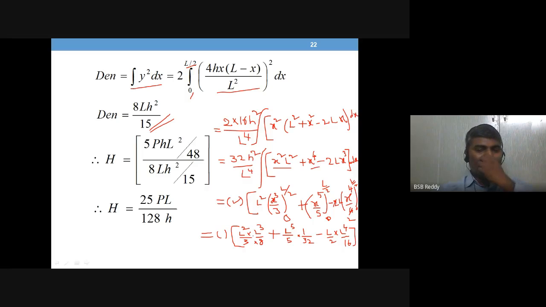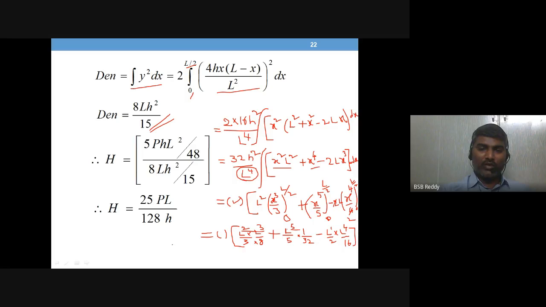So you can see the numerator in all the terms is L power 5 common. L power 1 plus 4, L power 5. So L power 5 you can bring it out. In the denominator, L power 4. So what you have in the numerator is h square, denominator L power 4 and numerator L power 5.